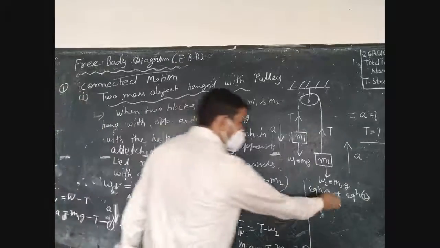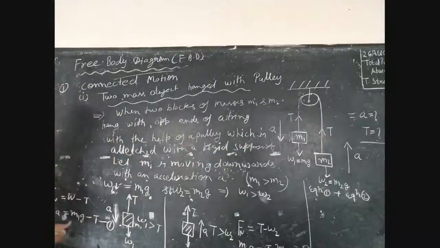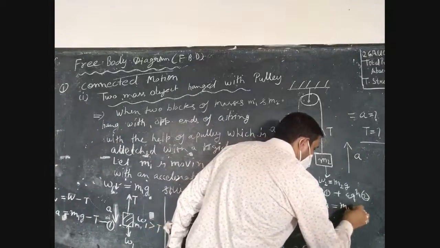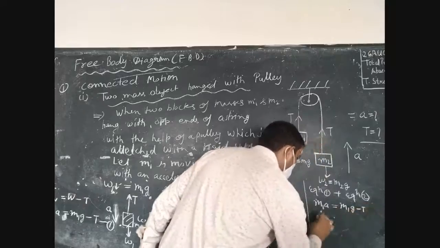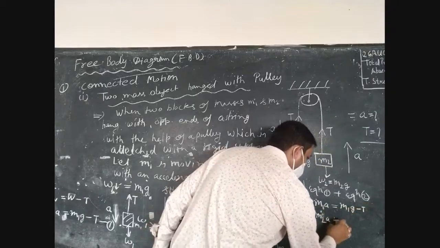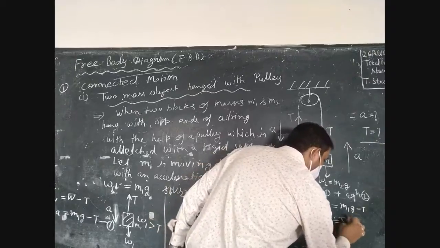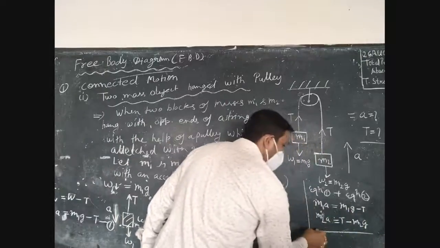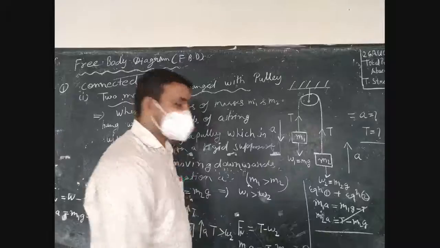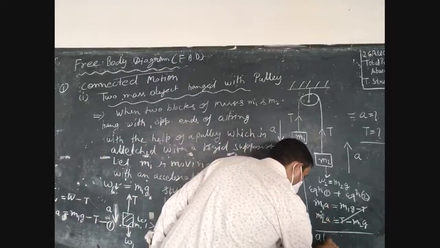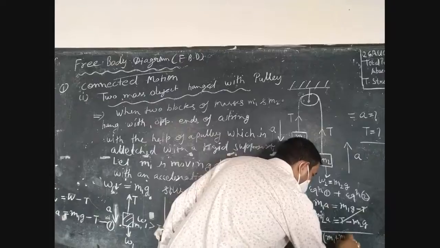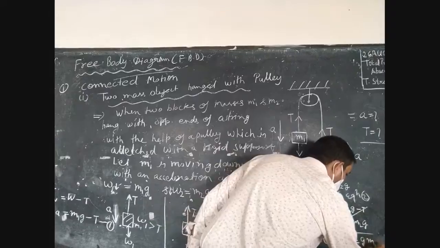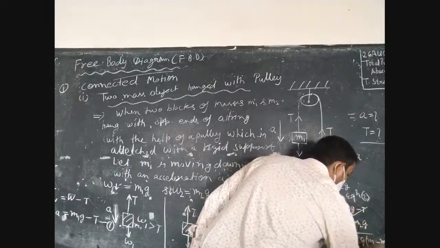From here you will get, see, m1a equals m1g minus T, and m2a equals T minus m2g. By adding the two, we get that the tension is cancelled, and take a as common: (m1 plus m2) a is equal to g as common, (m1 minus m2).